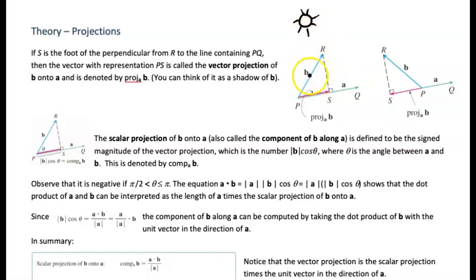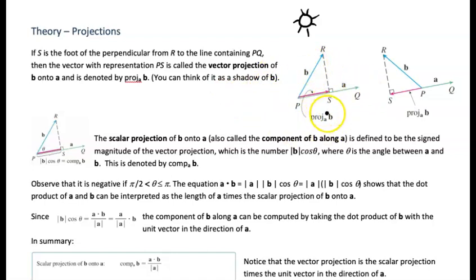Well, the shadow of vector b onto the ground, which goes from P to Q, is going to be PS. It's going to be this projection of B onto A. And so this is what a projection is. You can think of it as a shadow of B onto A.